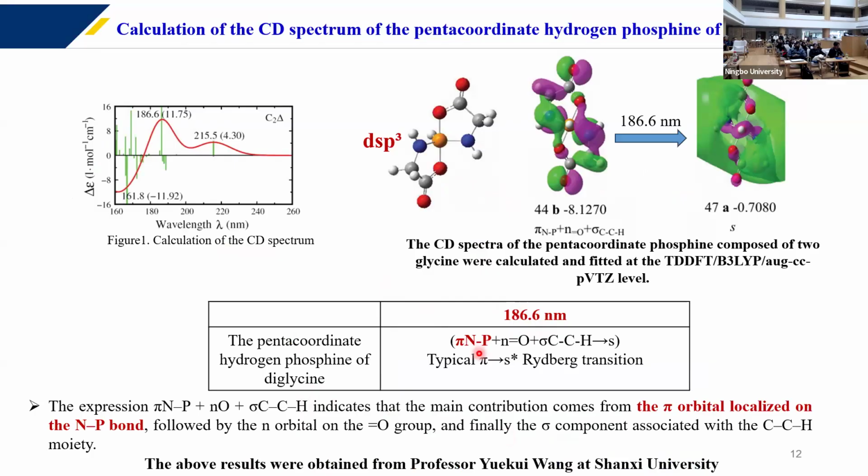This signal predominantly ranges from a pi to sigma orbital transition in the nitrogen to phosphorus bond, followed by the electronic contribution from the lone pair of the carbonyl oxygen group, and finally the sigma component of carbon hydrogen. The above results were obtained from Professor Wang Yuefei at Shanxi University.